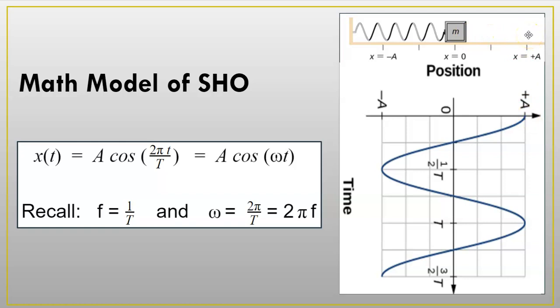When they turn loose of it, that starts the time. Spring's going to pull back this way. That compresses the spring, which pushes it that way, which it's just going to bounce back and forth right there. So again, same math model, A cosine omega t. You got the same reminders there, everything. This thing works side to side. It works up and down, whichever way you want to go at it.